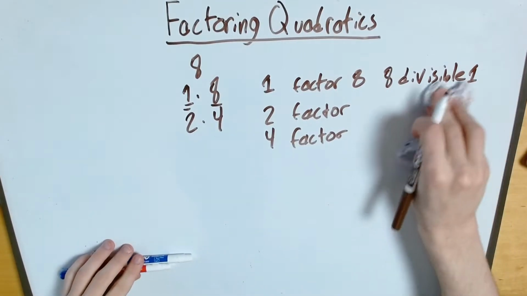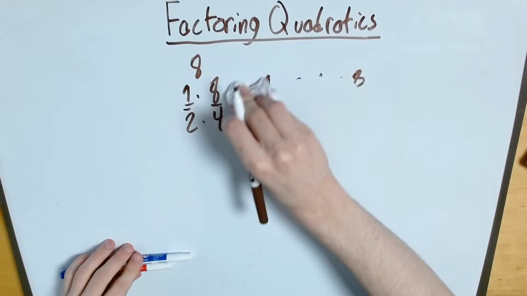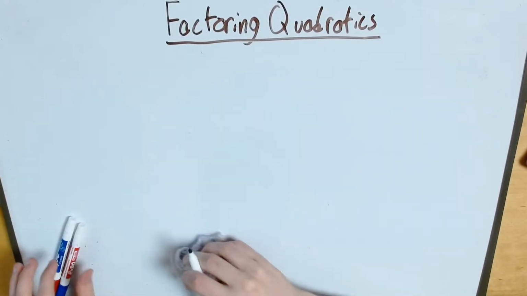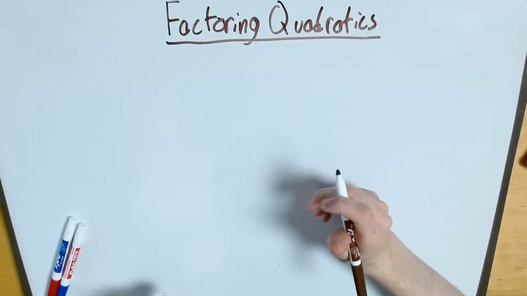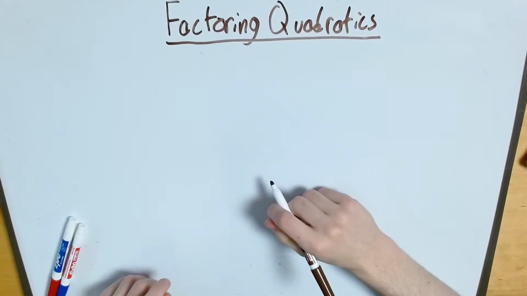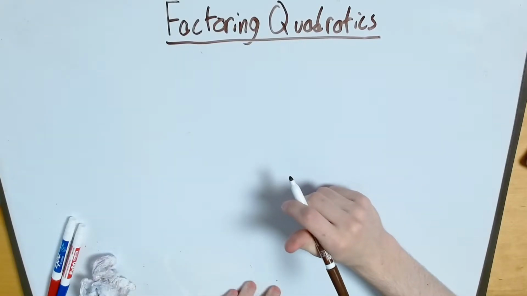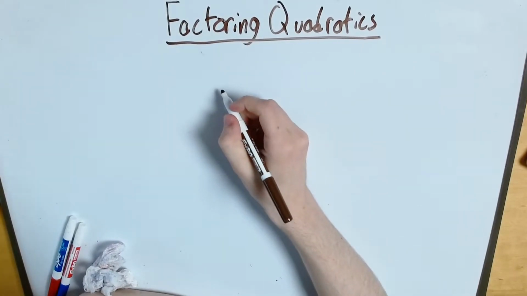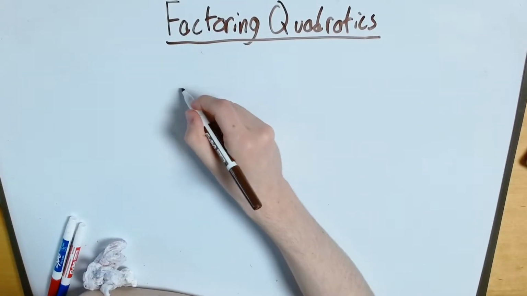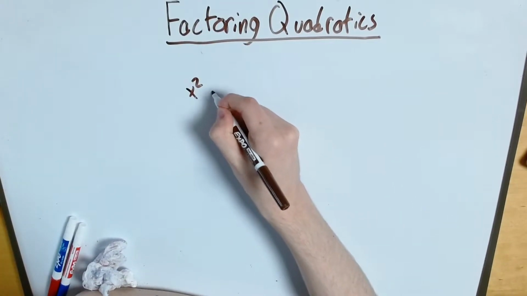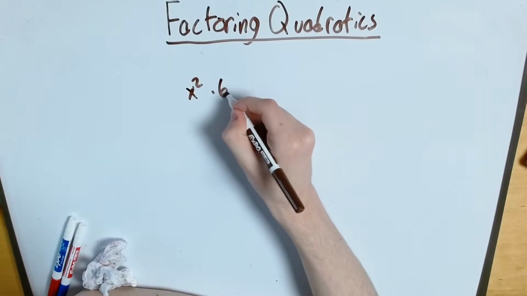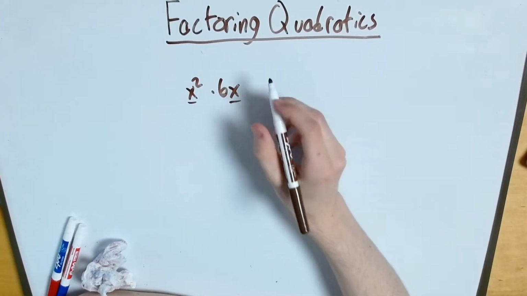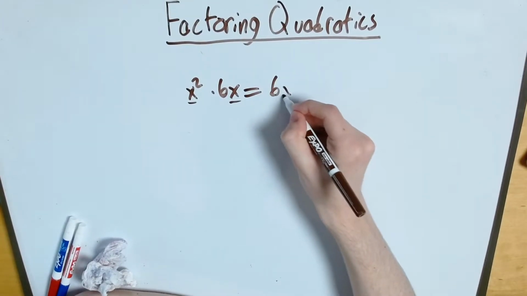Now, what does this mean for quadratics and for polynomials? Well, it means that just like how numbers have factors and numbers are divisible by other numbers, so too are different types of expressions in polynomials. We could say, if we had something like x squared times 6x, we can combine those like terms and we get 6x cubed.